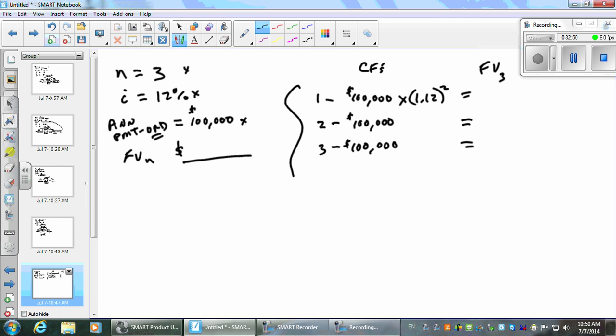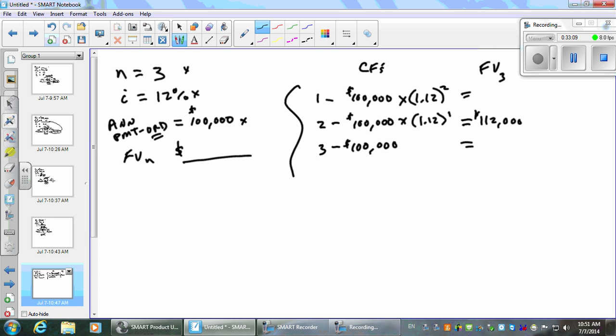Everybody agree? How about this one? 1 period. So that's 112,000. I can do that one. What's 100 times 1.12 times 1.12? Or times 1.12 squared? Or look on the table for 1.12 for 2 periods, right?